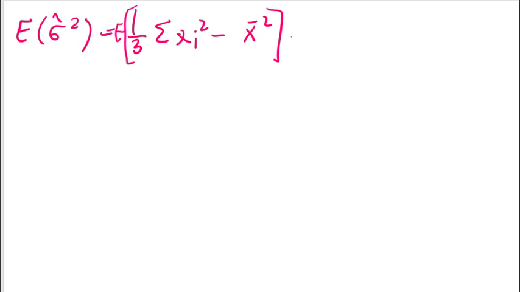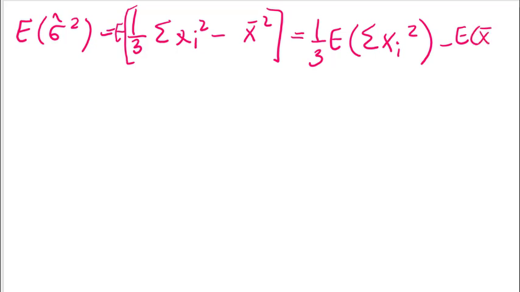So it will be equal to 1 over 3 expectation of sum of xi squared minus expectation of x bar squared. Now, we have to get what this one is.